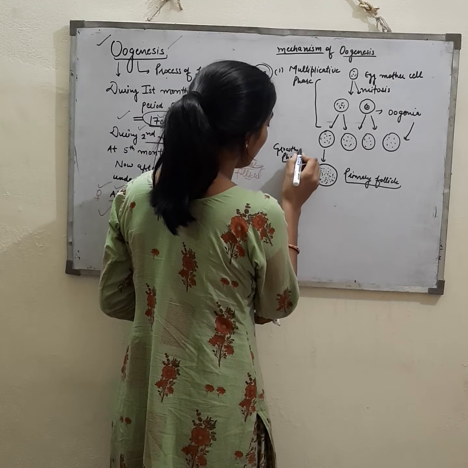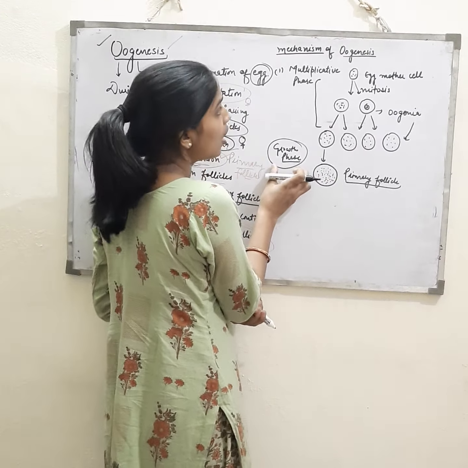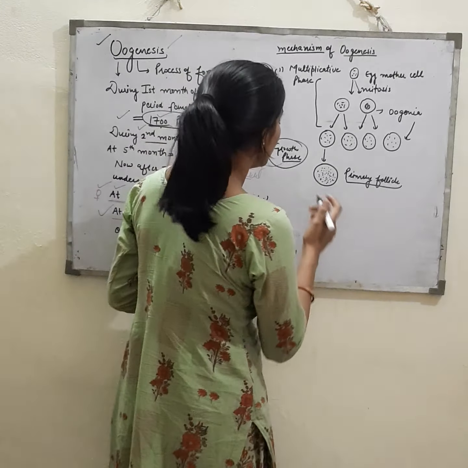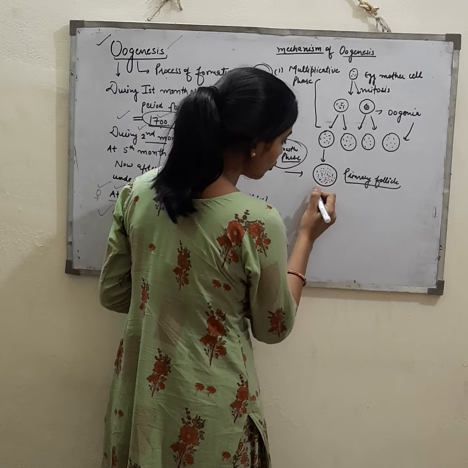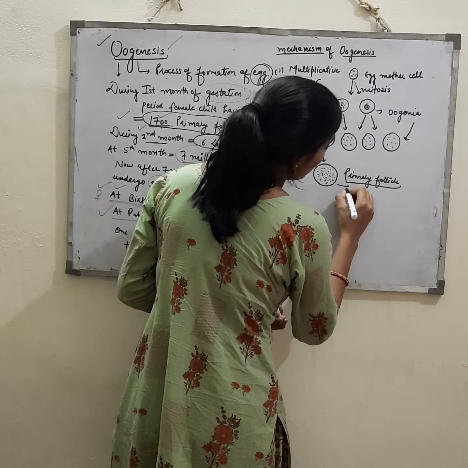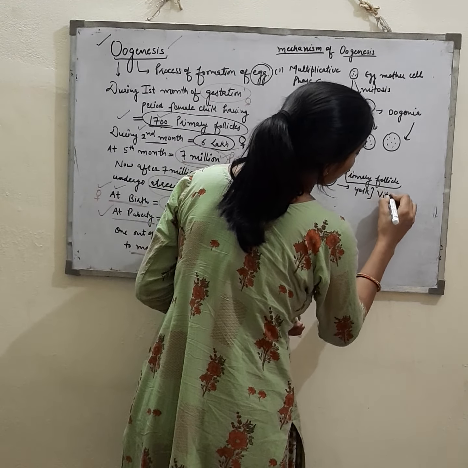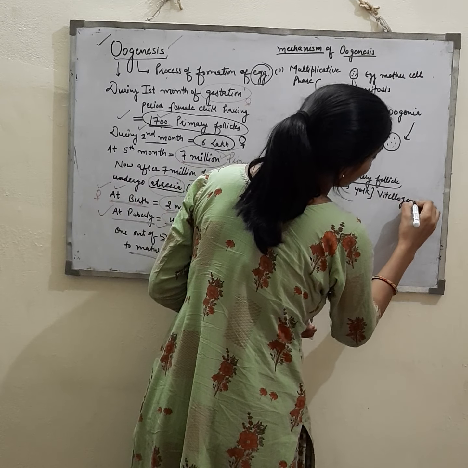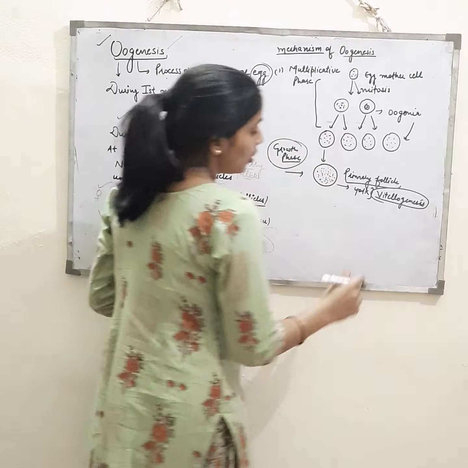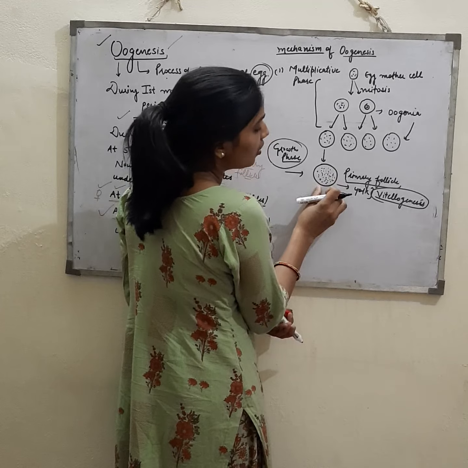During this growth phase the primary follicle increases in size, and the growth phase in oogenesis is of longer duration as compared to spermatogenesis. During this growth phase there is accumulation of yolk, and the formation of yolk is known as vitellogenesis. The size of this primary follicle increases.